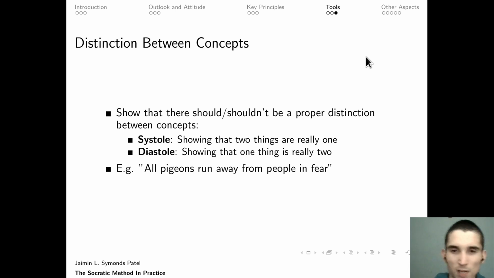There are also weak pigeons, they're scared of everything, right? So we have these two kinds of pigeons. And in that way, we have a diastole. And in a similar way, we can have a systole where two ideas are actually one idea. They should be treated as one.